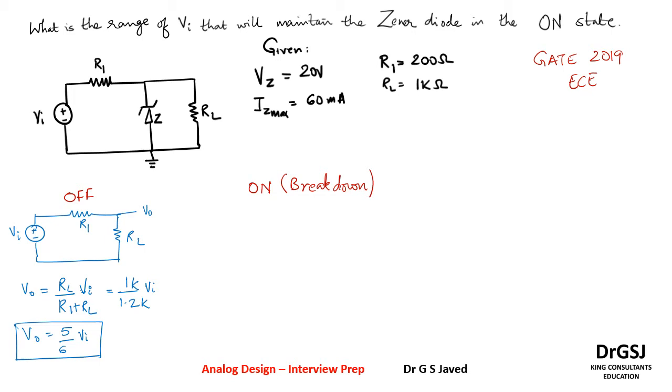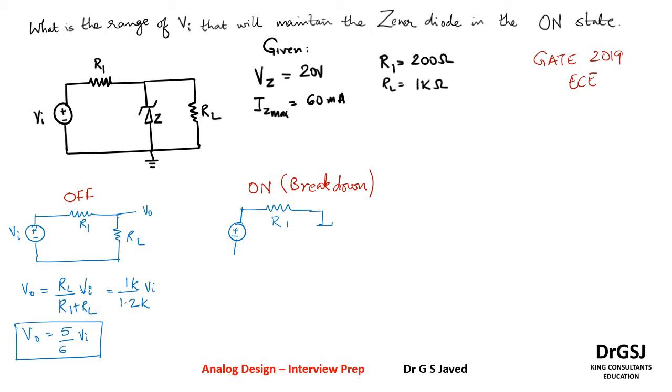Now what happens when it is on? When it is on, the Zener diode acts as a voltage source. So in the breakdown side, the circuit now becomes as follows.